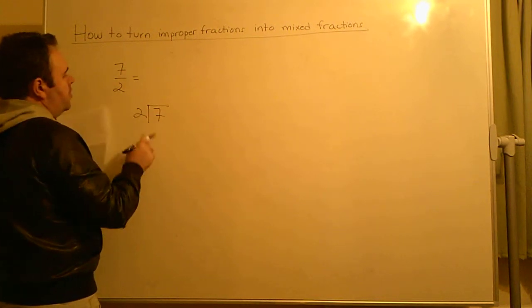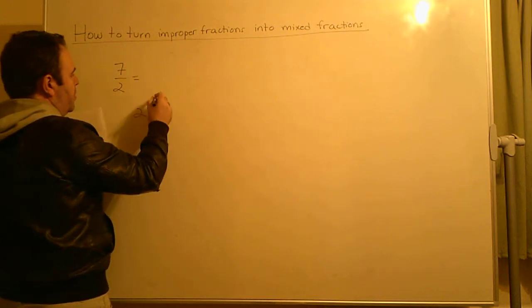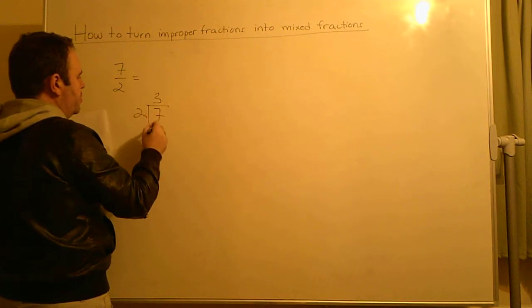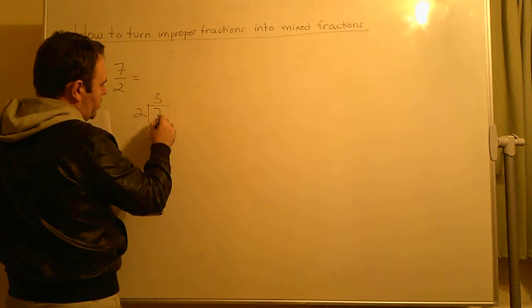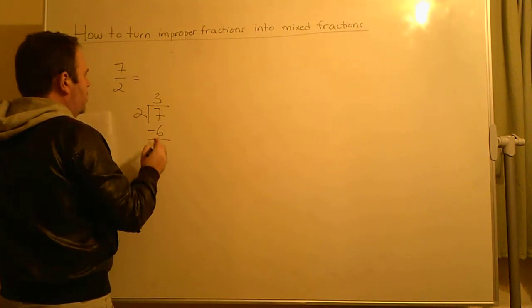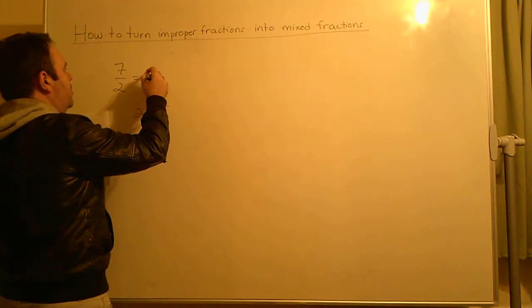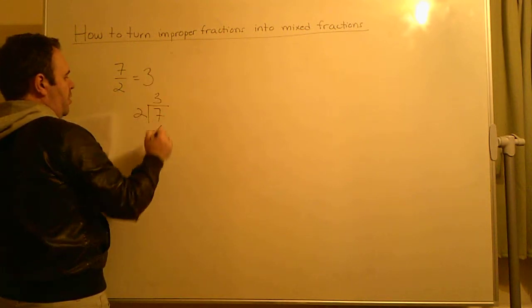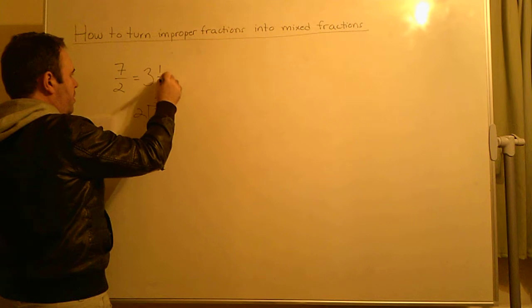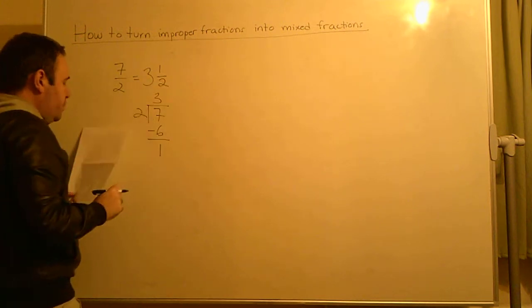Yeah. So how many times does 2 go into 7? 3. 3 times 2, 6. So we write down minus 6 here, and then 7 minus 6 is 1. So how do we write down the mixed fraction? Well, we take the 3 and the remainder, which is 1, and then divided by 2.